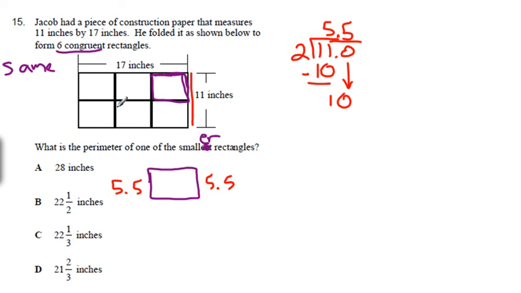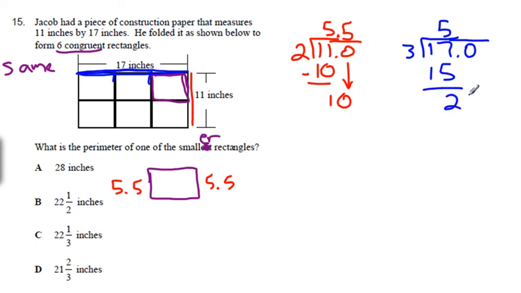And now let's find the base, or the width, depending on how you want to look at it. So the total is 17 inches, but this one's split into 3 sections. So we need to split 17 into 3 pieces. What is 17 divided by 3? 3 goes into 17 5 times.